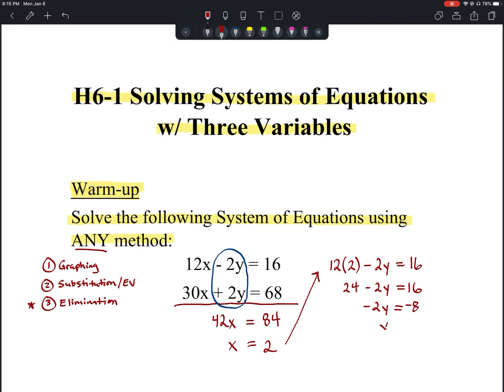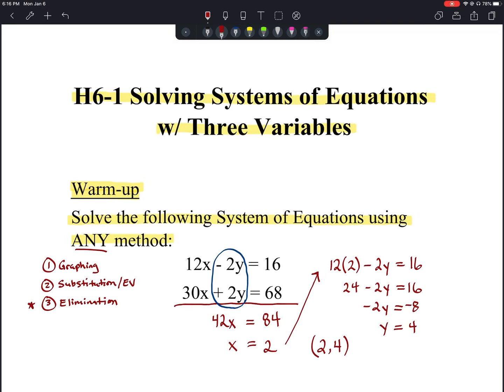And then when you divide each side by negative 2, y equals 4. So you have an x value and a y value, and when we write our answer, we write it as an ordered pair, (2, 4). And that is the intersection point between the two lines, or those two functions.